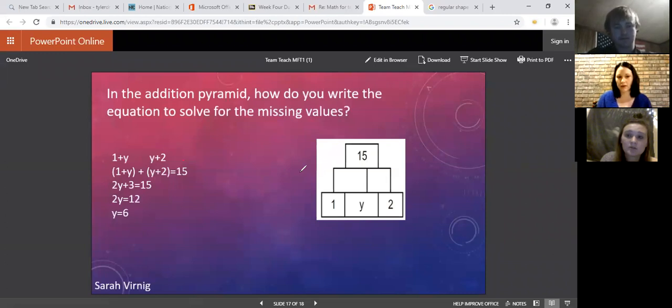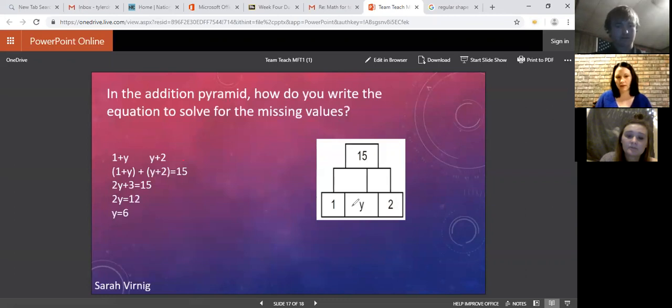So all we do next is combine our like terms, so that leaves us with 2x plus 3 equals 15. Now we want to try to get x by itself, but first we have to get rid of the 3. So to get rid of the 3, we have to subtract 3. Whatever we do on the left side, we have to do on the right side. So we subtract 3 from both sides, and we have 2x equals 12.